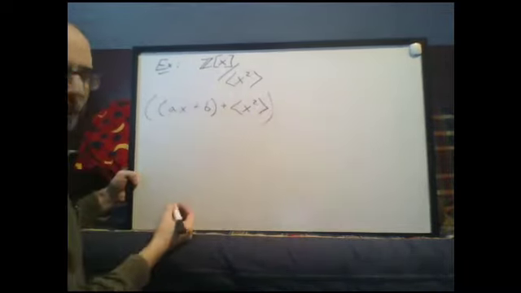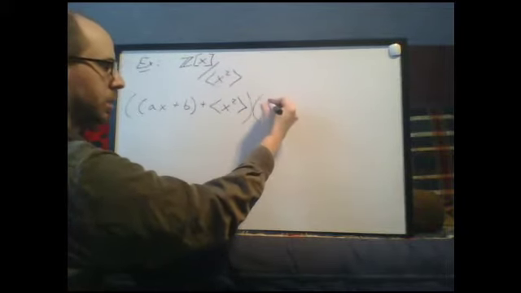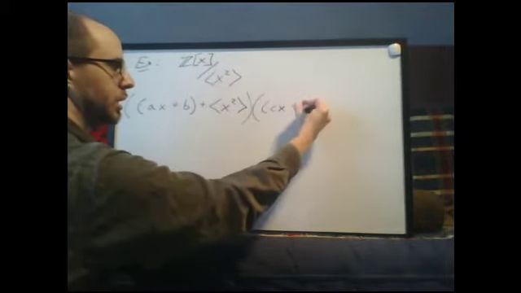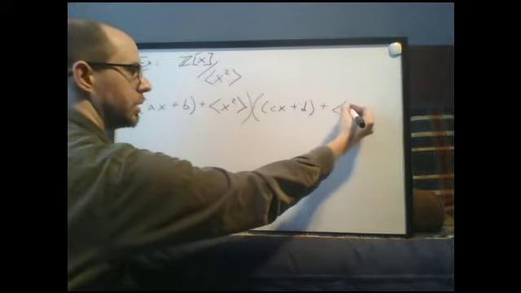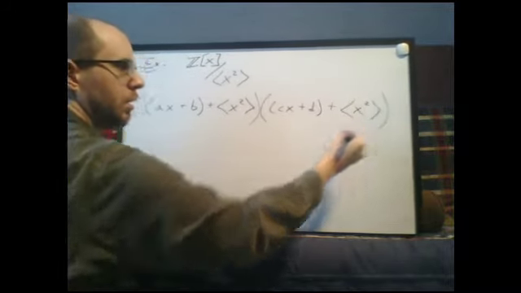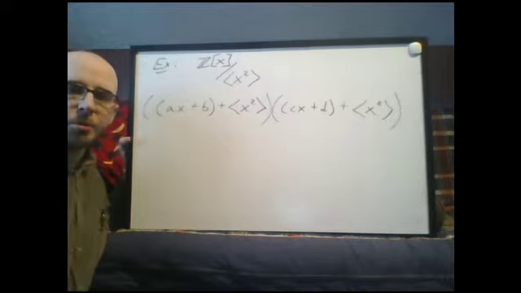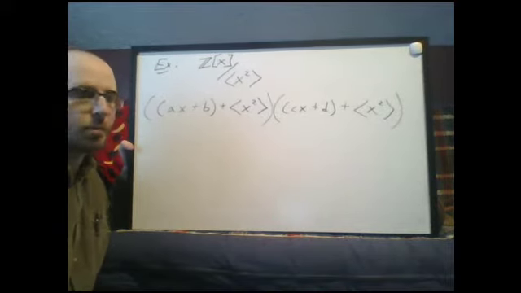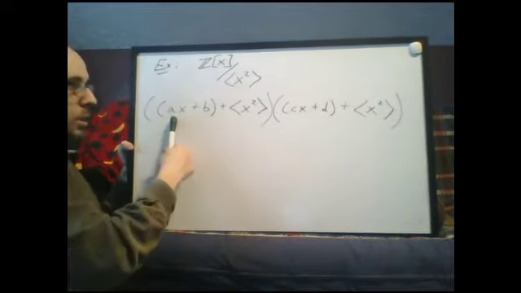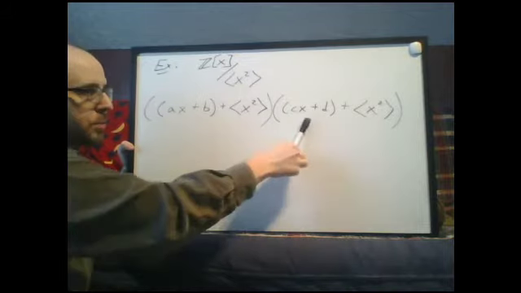So here's one element. If I have a second one, cx plus d plus the ideal. Let's just see how these multiply in the most basic way. I would multiply this polynomial times this polynomial.